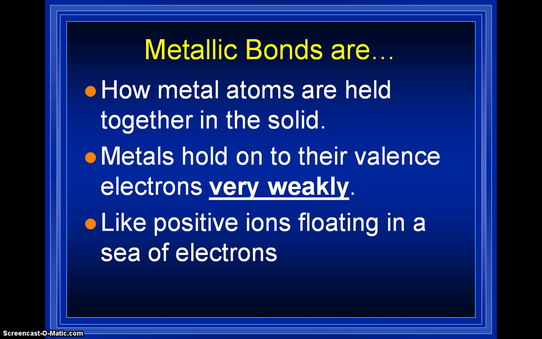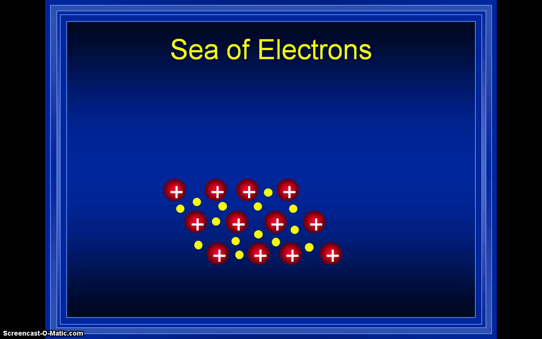Okay, so a solid metal we say is almost like a bunch of positive ions and there is a sea of electrons. Imagine all these outer shell electrons and all these metal atoms together when you see a solid metal, and all of those electrons can flow around, which gives metals a lot of their properties.